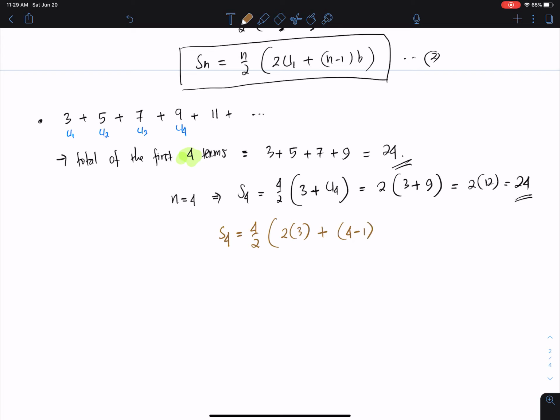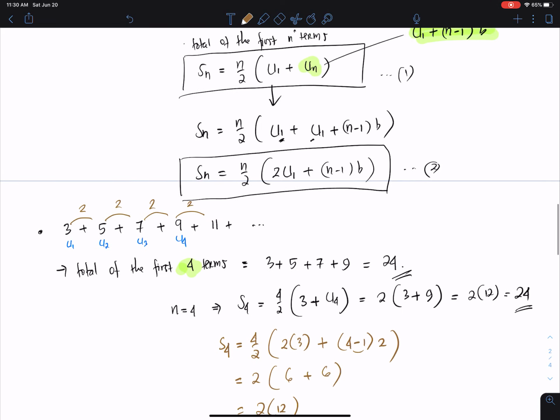The difference here, between a term and the next one or the previous one, is 2, right? So it's times 2 over here. Then we calculate 4 over 2, we get 2. 2 times 3, we get 6, plus 4 minus 1, we get 3. 3 times 2, so we get 6. So we have 2 times 12, then the final result is 24, exactly the same numbers.